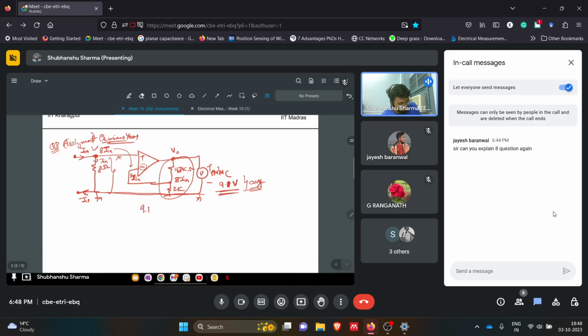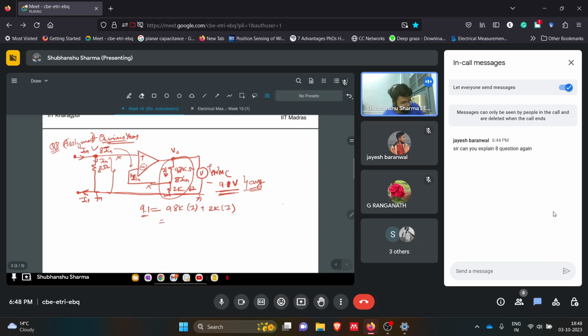So 9.1 is equal to what? Let's say this is I, this is I, because it will be the same current, no current will be flowing into the branch. So 9.1 will be 98 kilo into I plus 2k into I.